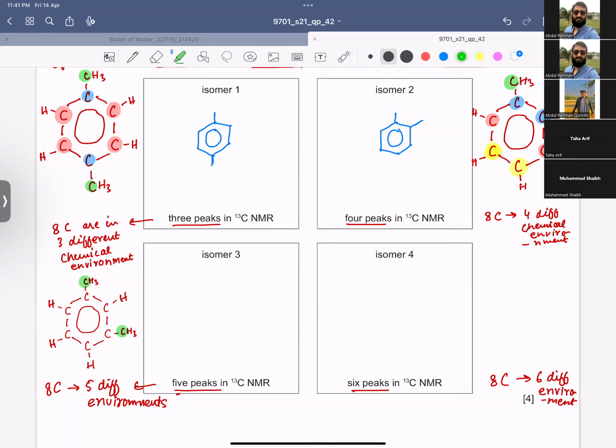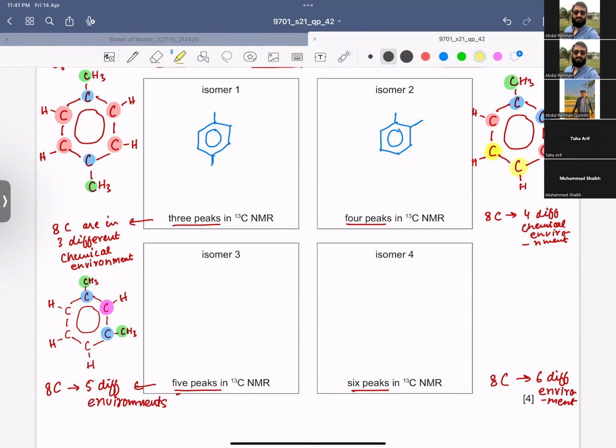Then this and this carbon would give you a similar chemical environment, so one signal. Then this carbon, as it has both sides CCH3, would give you a completely different chemical environment, so a completely different signal.